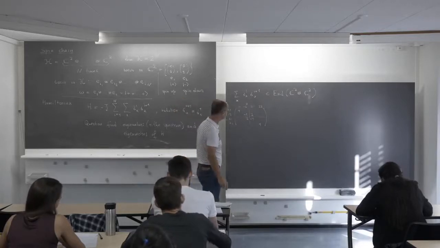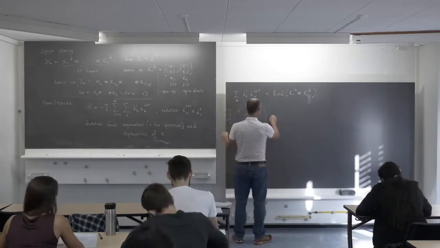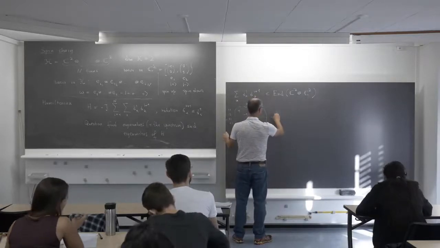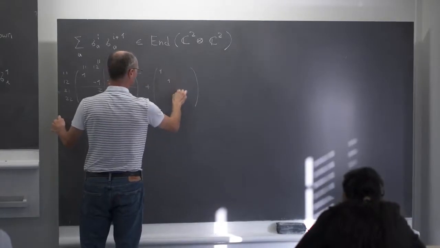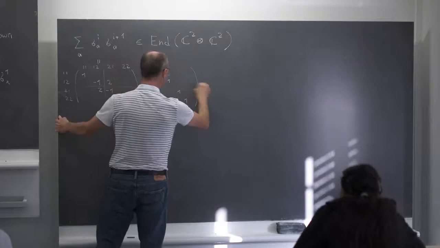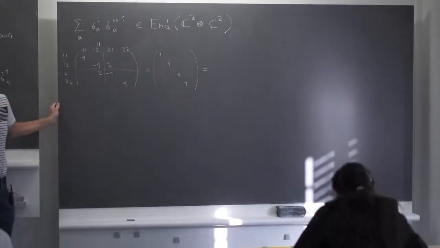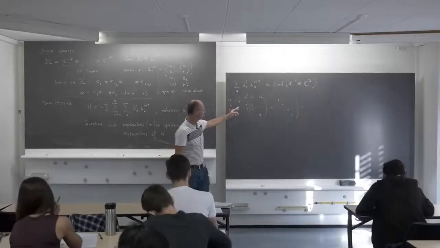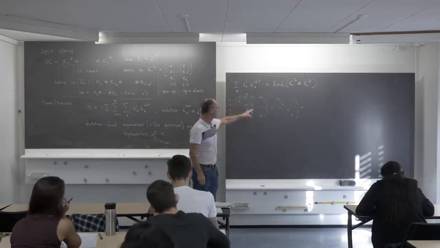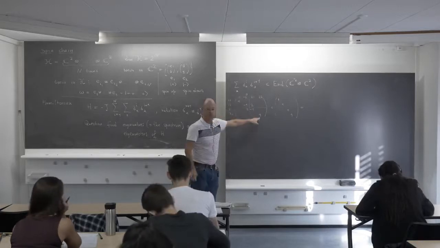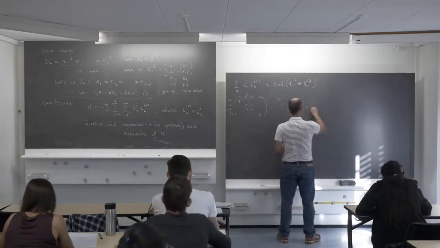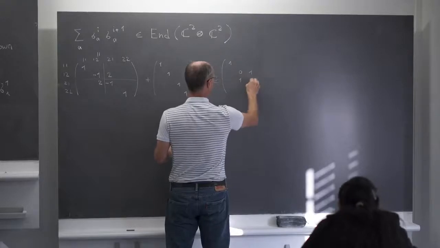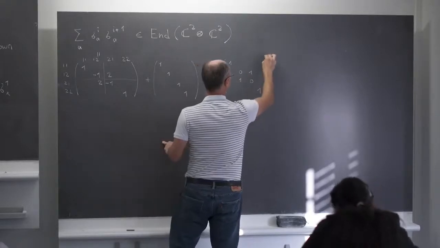All right. So let me now do the following. Let me add to it a unit matrix, just a unit operator. Then you see what will happen. Those minus ones get cancelled, those ones get doubled, and I can write it as twice 1, 0, 1, 1, 0, 1.